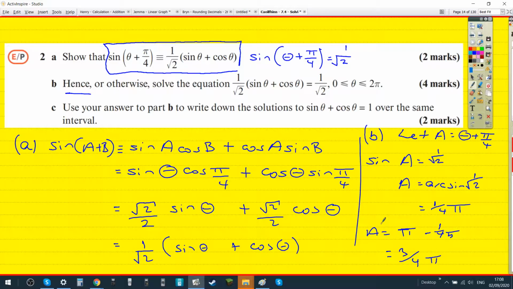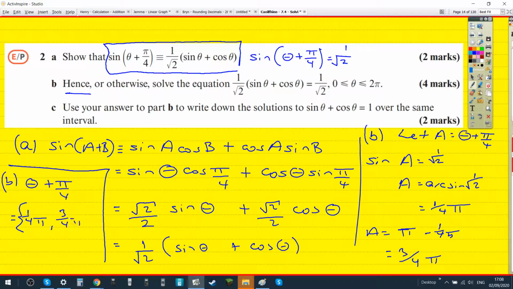So those answers are the same as theta plus pi over 4. So theta plus pi over 4 is equal to 1/4 pi and 3/4 pi.